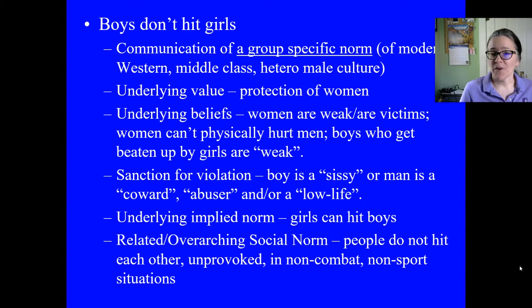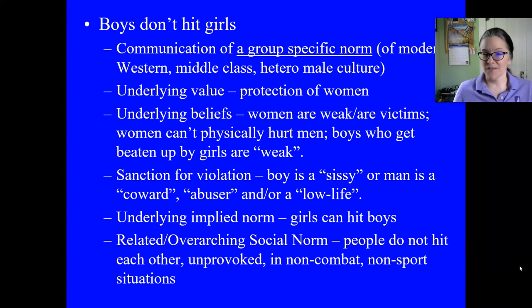So here are some norms that are in operation, maybe in schools, that you would see. The communication of specific group norms in a situated society, so Western middle-class hetero male culture. Boys don't hit girls. That's not a law.